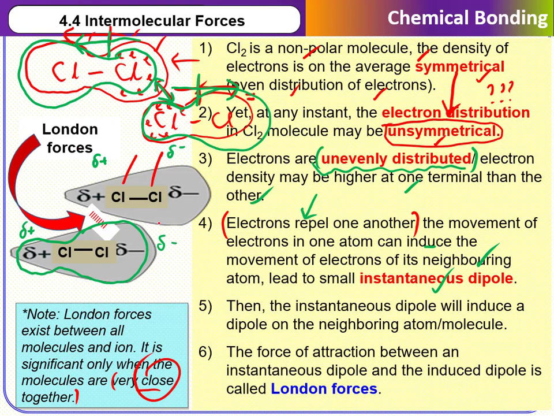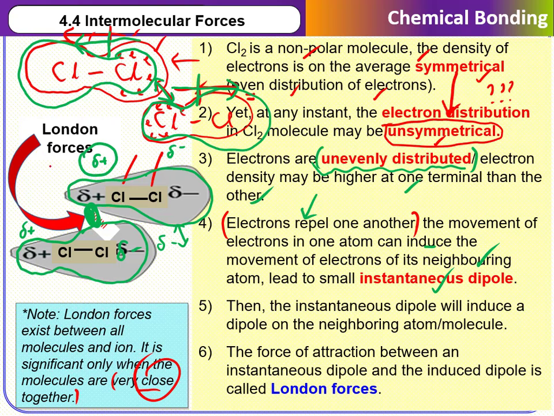Then, dekat. Duduk dekat. Kan? Bila duduk dekat, kat mana London forces tu? London forces is when the partial positive end jumpa rapat dekat dengan the partial negative end tu. Yang electron cloud yang kecil ini jumpa dengan yang besar kat sini.